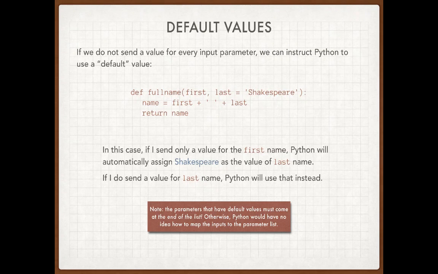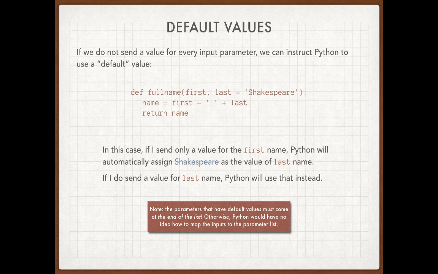A few more things that I'd like to play with before we're done for the day. Number one is that it's possible for us to give default values for certain parameters in our function signature. So here, for example, a version of the function we've been playing with recently.